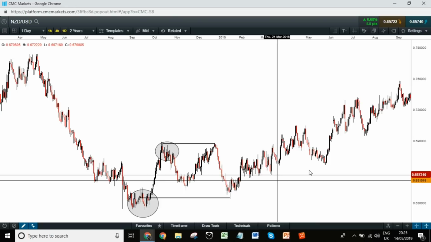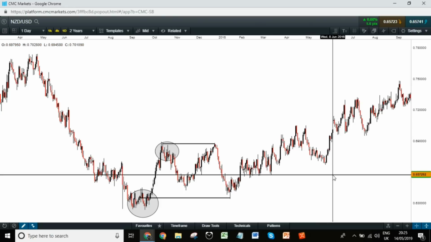All right. So this is about as exciting and as simple as it gets to what I'm looking for when it comes to extremes. Now, on the daily chart, the extremes are easier to perceive. The lower down you go on time frames, it's harder to perceive the extremes because everything starts to look like an extreme, right?